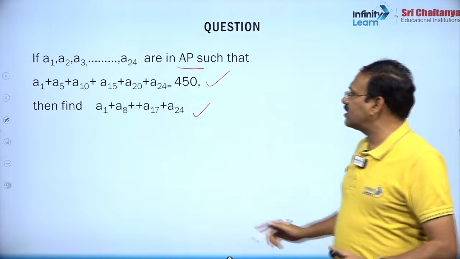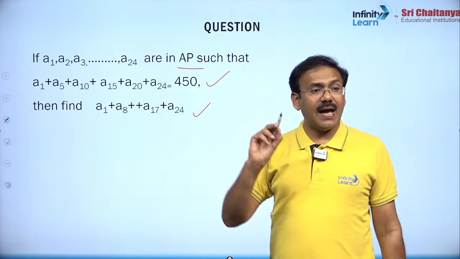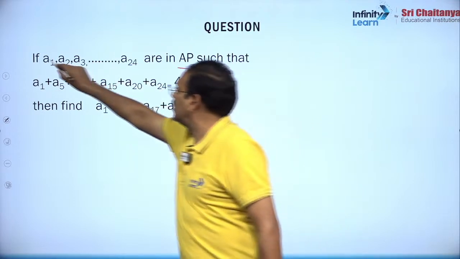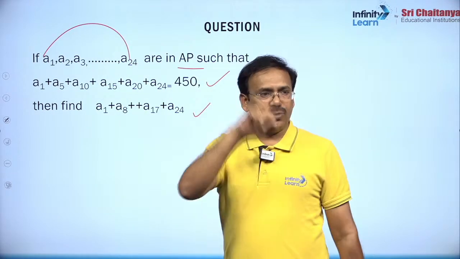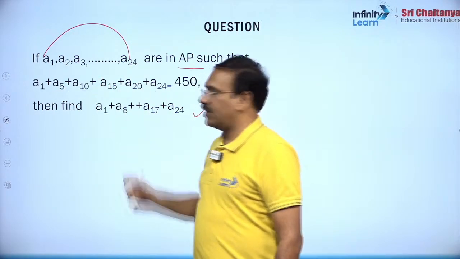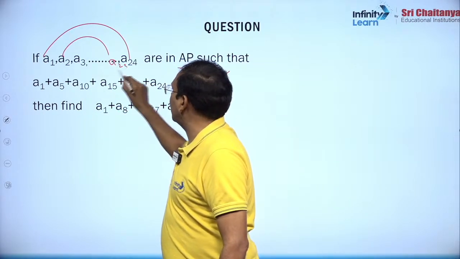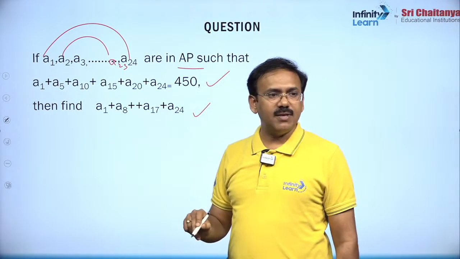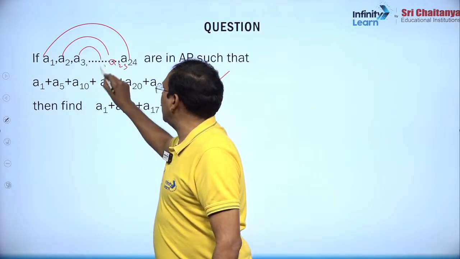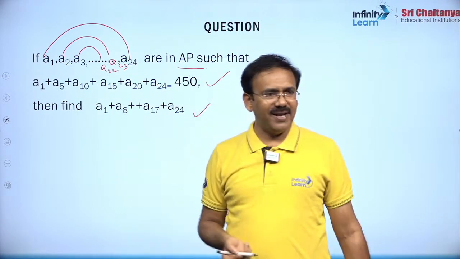Here, dear students, in an AP I have one wonderful observation: A1 and A24, where the suffixes sum to 25, is the same as A2 plus A23, am I correct? Observe the suffixes, the sum is 25. A3 plus A22, same, my dear friends.